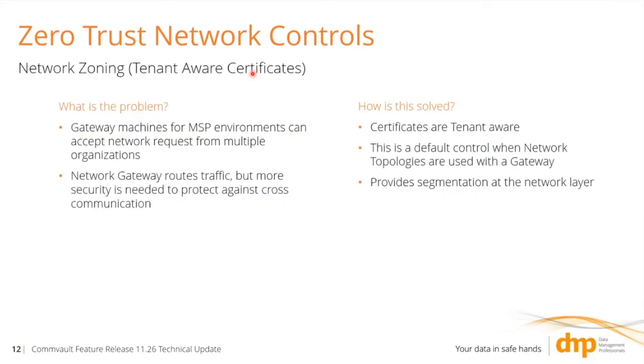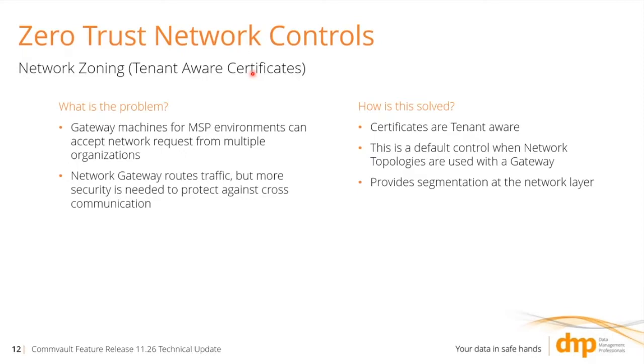A new feature has been introduced: tenant-aware certificates. That is for multi-tenant aware environments. The reason that I put it on this slide is that I know that we have customers using our DMaaS platform, and we use gateway machines for on-premise clients connecting to our DMaaS environments. Now, there's a new feature, by default also enabled, that the traffic coming from multiple tenants is now using different certificates.